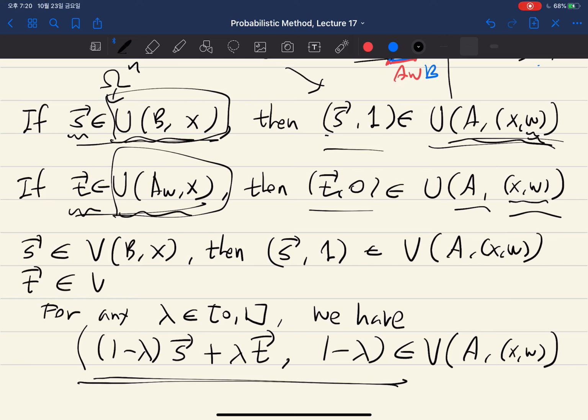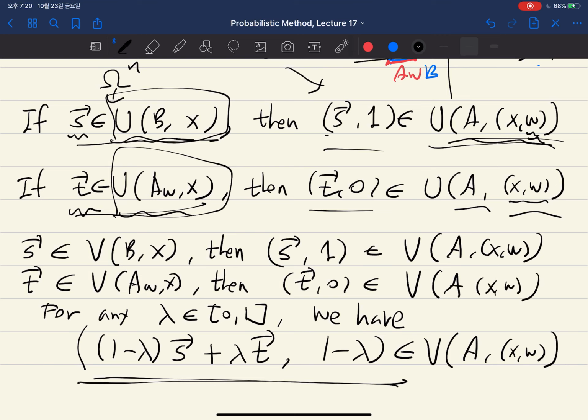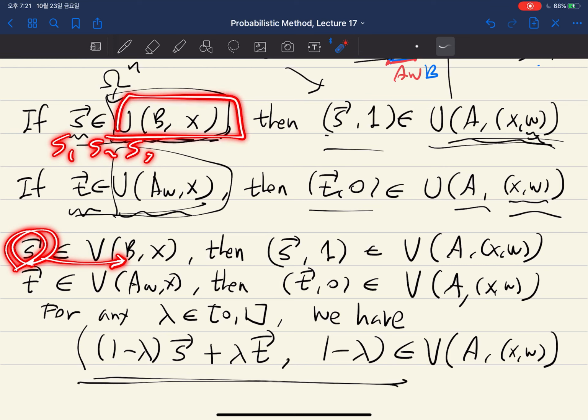And T is in V of AWX. Then, again, T0 is in V of A, XW. We know this, right? Because if this is in here and this is in here, and if S is in here, that means S is a convex combination of several S1 and S2 and S3 in here.